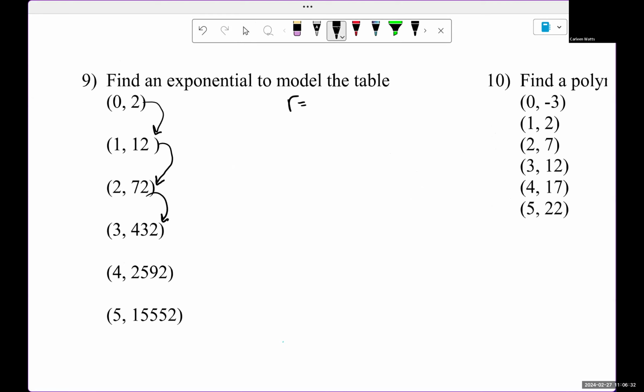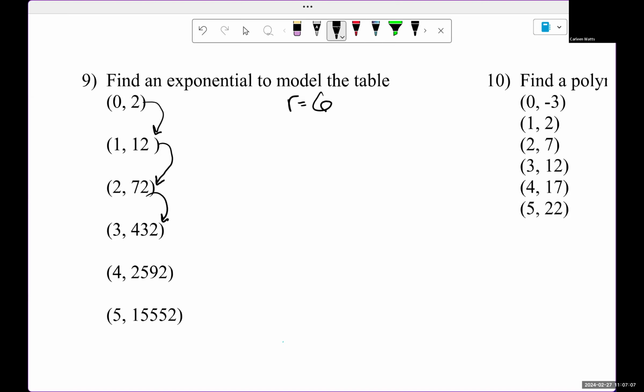And I'll be right back. Okay, what is that multiplier?